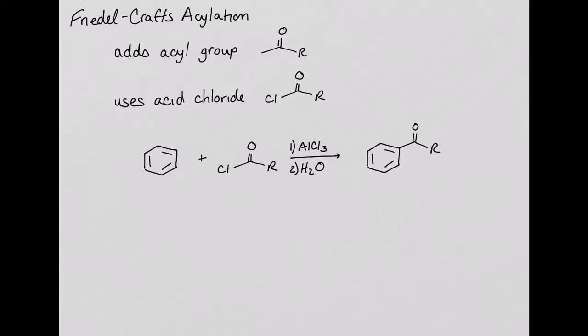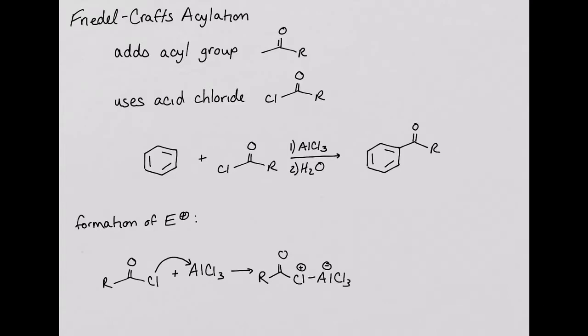The electrophile for this reaction is formed by treating the acid chloride with the Lewis acid, aluminum trichloride. The acid chloride donates electrons to the Lewis acid to form a complex.